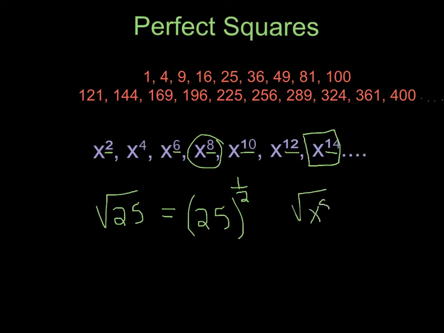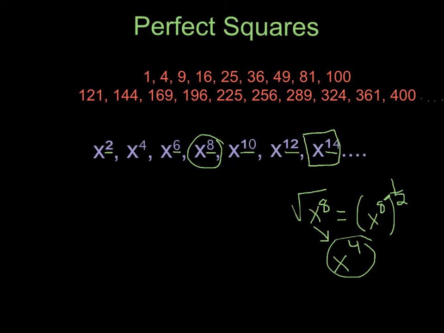The square root of x to the 8th is the same thing as x to the 8th to the power of 1/2. And we all know this property of exponents: when you have power to a power, you multiply your exponents. So this would give you x to the power of 4. So the square root of x to the 8th is x to the 4th.